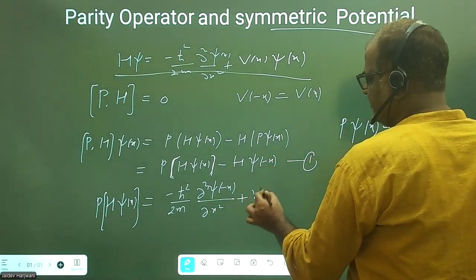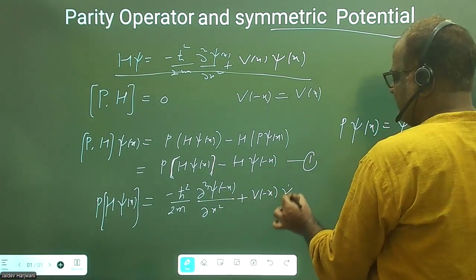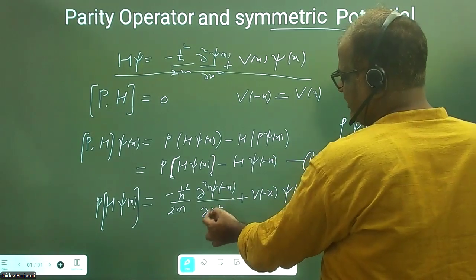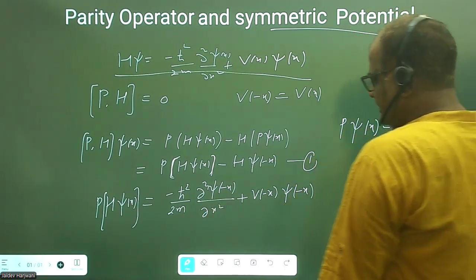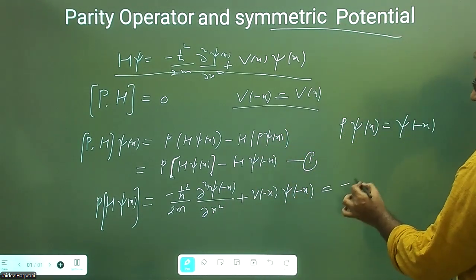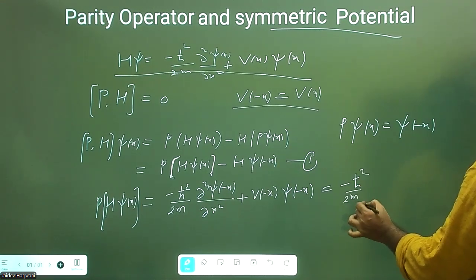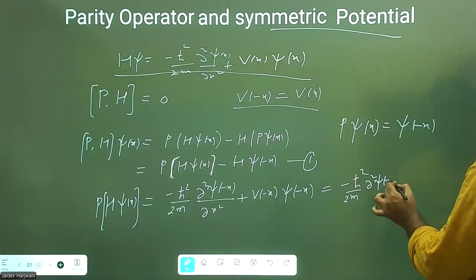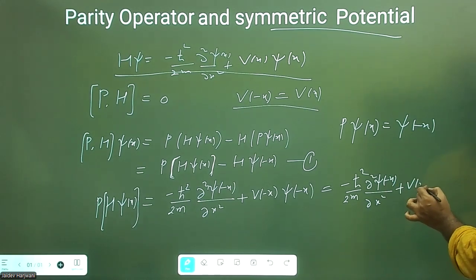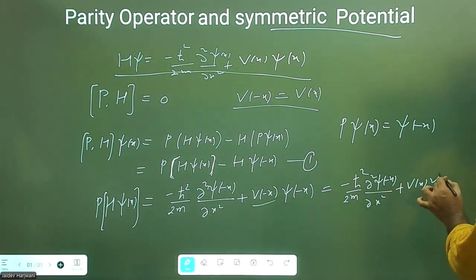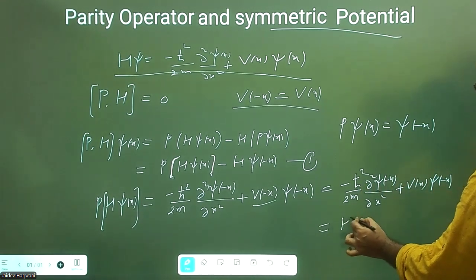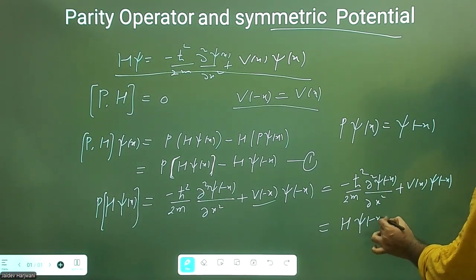Similarly, V(x) will be replaced by V(minus x), and psi by psi(minus x). The x squared term will remain x squared. Now, because this potential is symmetric, this becomes minus h cut squared by 2m, del 2 psi(minus x) over del x squared, plus V(x), because of symmetry, and it remains psi(minus x).